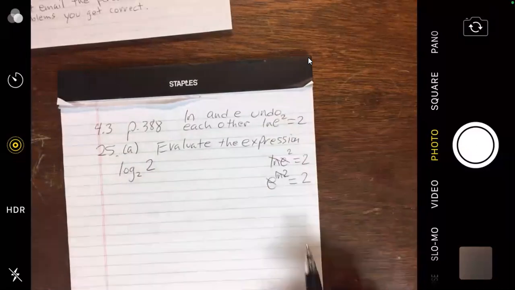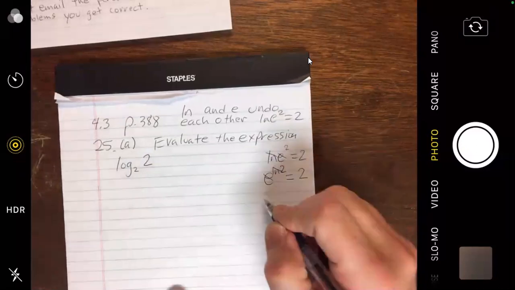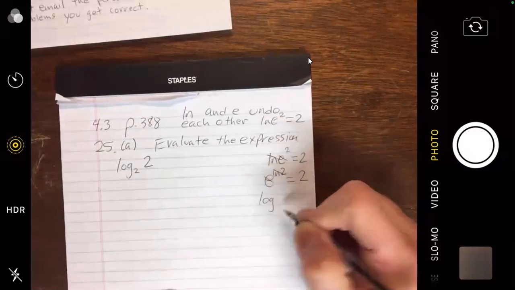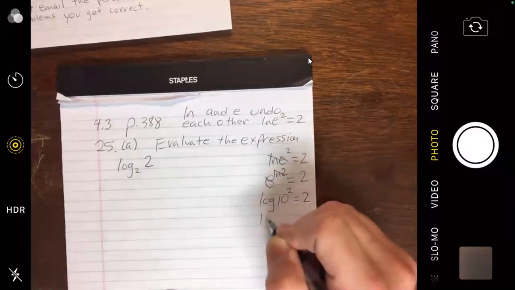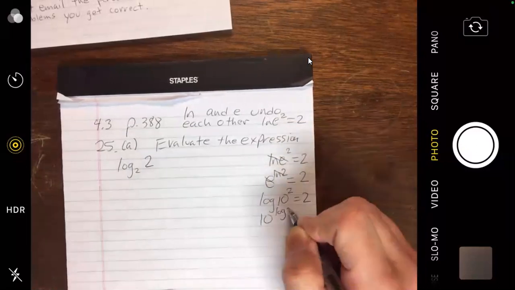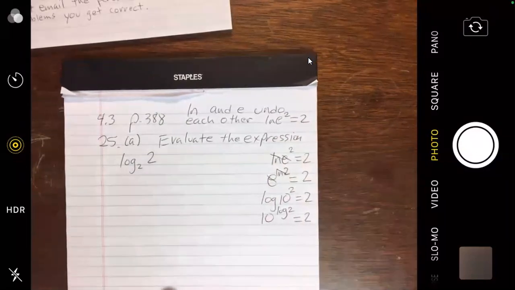On the calculator, you get base e and ln, and you get base 10 and log. So log base 10 of 10 to the 2 would be 2. And 10 to a log of 2 would also be 2. You can punch these on the calculator.